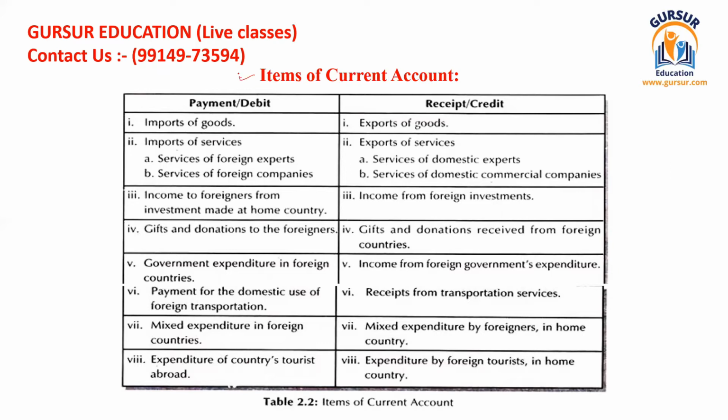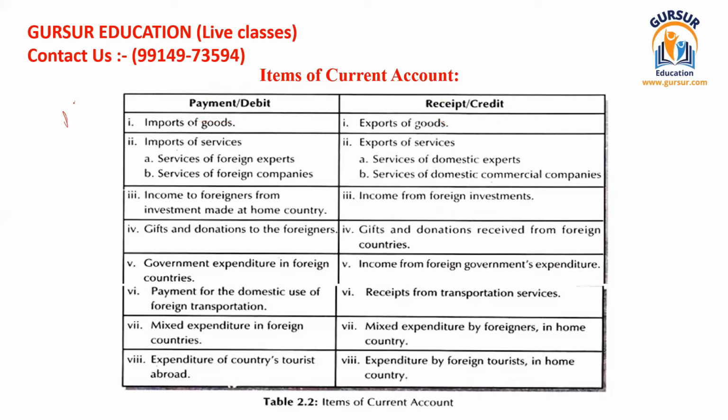I hope by going through this specific table you would get the best idea. This has also been given in the notes which we shall deliver to you after this lecture. So there are two sides. Obviously, being students of management or commerce, you would be able to understand these two sides. This side is the debit side, this is the credit side. The debit side is the payment side, this is the receipt side.